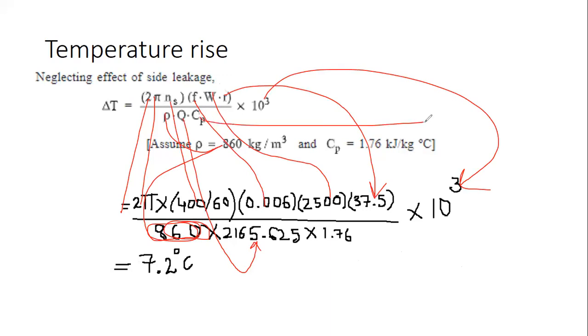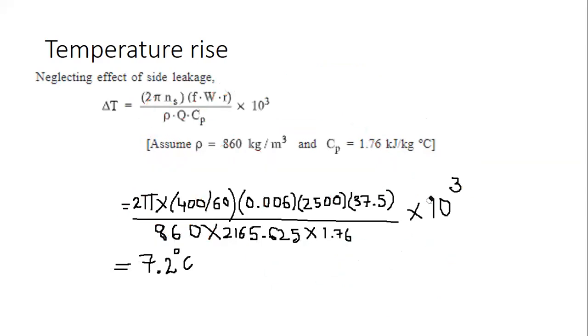And I have the Cp value, which is here, 1.76. Properly inserting the values in the calculator, you'll get 7.2 degrees C as your temperature rise. Thank you.